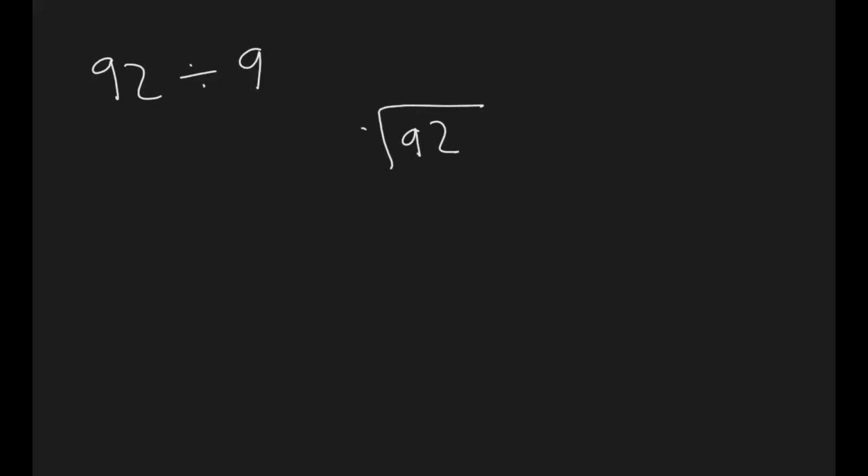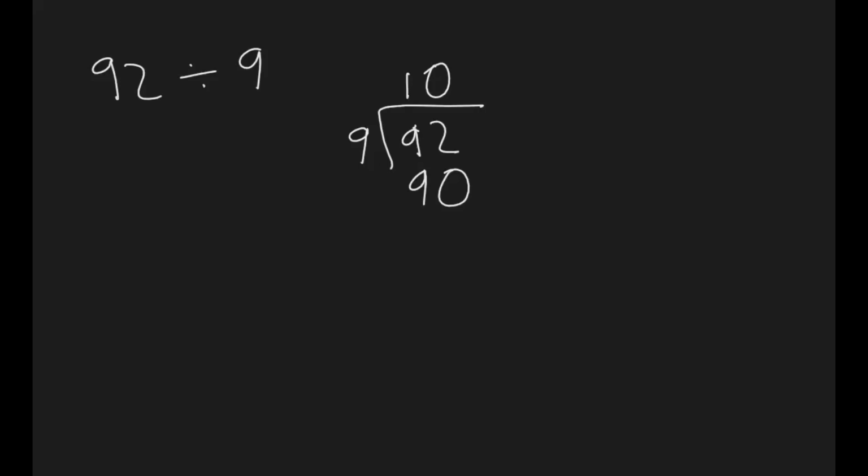So that, and then 9. Okay. So now, we're going to divide. This time, because our dividend is 92, and it is pretty close to 9 times 10, we don't have to do single digits this time. We can just go 9 times 10 equals 90.